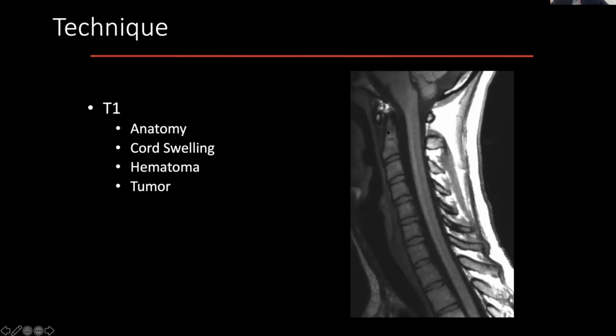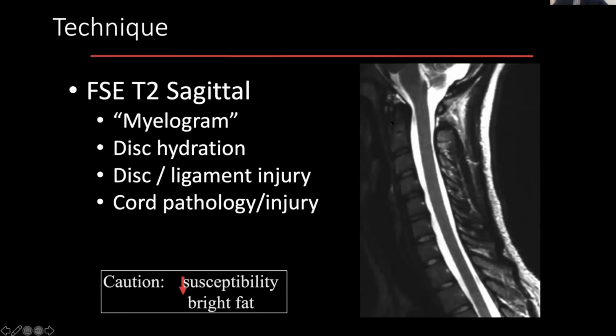So we typically use it for anatomy. Because blood products also have specific characteristics on particularly T1 sequence, it's quite useful for showing things like hematoma. Because marrow signal changes when you have infiltration, the typically intermediate signal of tumor becomes very dark. Therefore, it can be very good for looking for tumor infiltration.